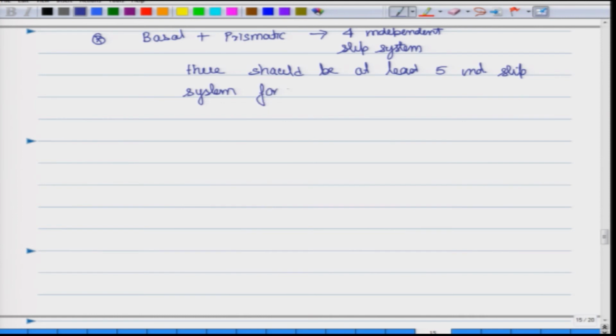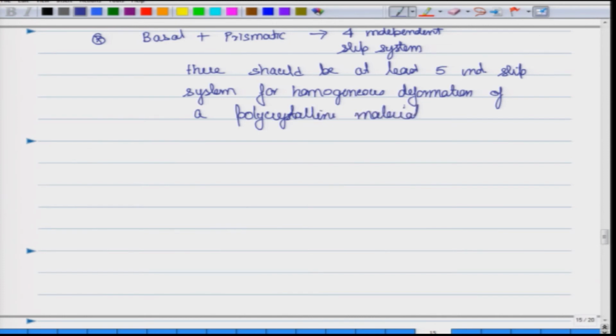for homogeneous deformation of a polycrystalline material. Okay.